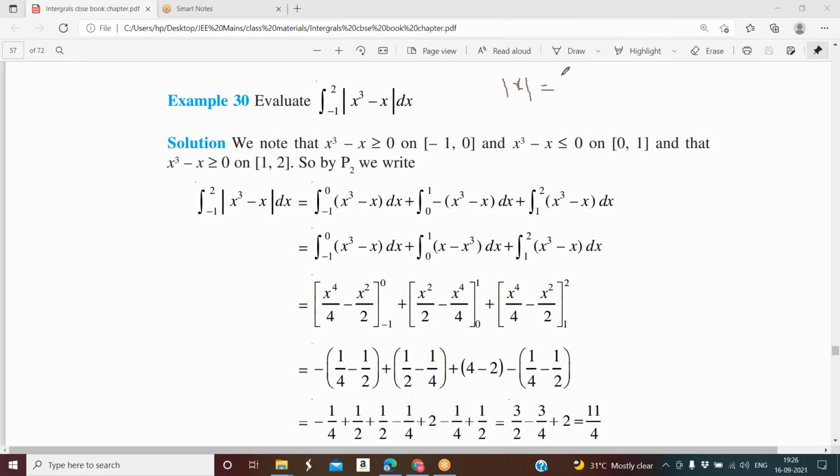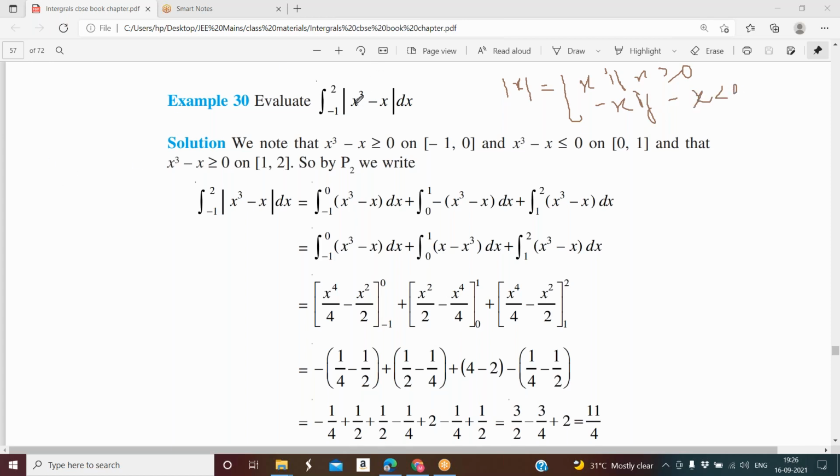Modulus x is x if x is greater than or equal to 0, and minus x if x is less than 0.